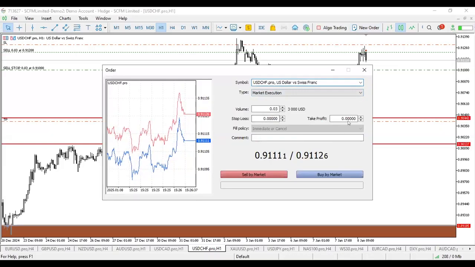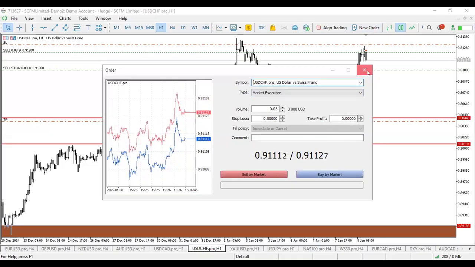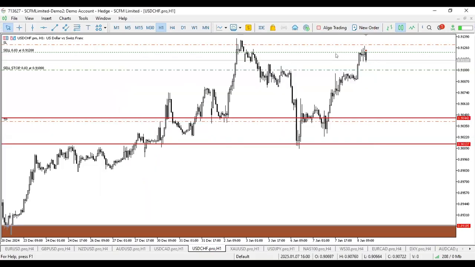The reason is, for example, you have this order here that is open, with a stop loss in case price goes against me. In case price goes against my intended direction, this stop loss is what will protect my account.